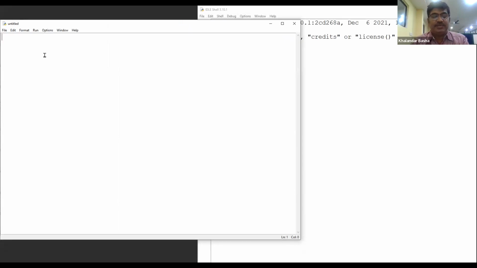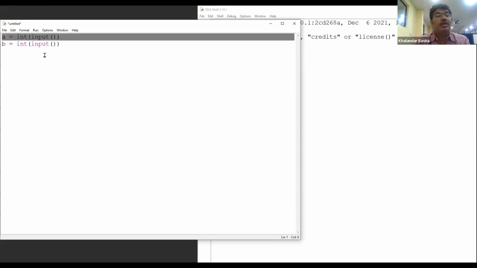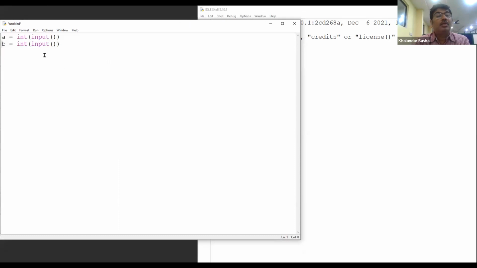What values are we expecting? We expect the values a equals int of input. Next, we will declare b and c.